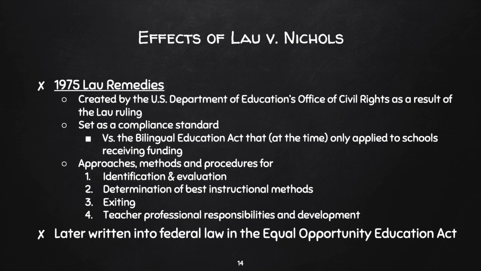The Lau remedies outlined approaches, methods, and procedures for the identification and evaluation of English learners, for the determination of best instructional methods, for exiting English learners from existing bilingual programs, and for teacher professional responsibilities and development. In setting these compliance standards in place, districts now had prescriptive methods to help guide what they were supposed to be doing.